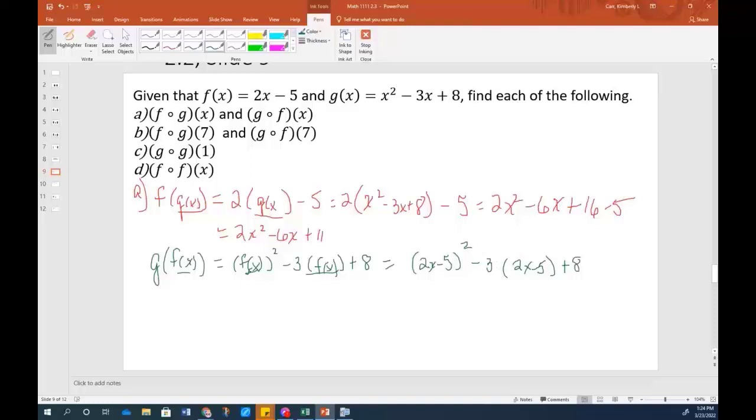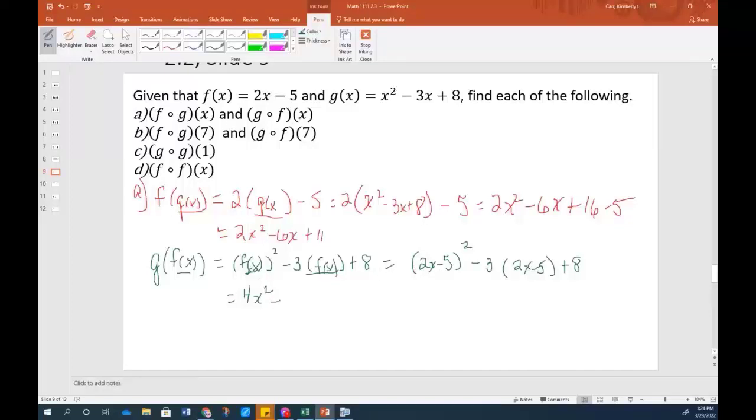Okay, so now I need to clean up to square this. Now you can write out 2x minus 5 times 2x minus 5, but I'm going to use the pattern. I know it happens when you've got something times itself, a binomial times itself. You get the first term squared, multiply the terms and double them. So when I multiply that, I get negative 10.